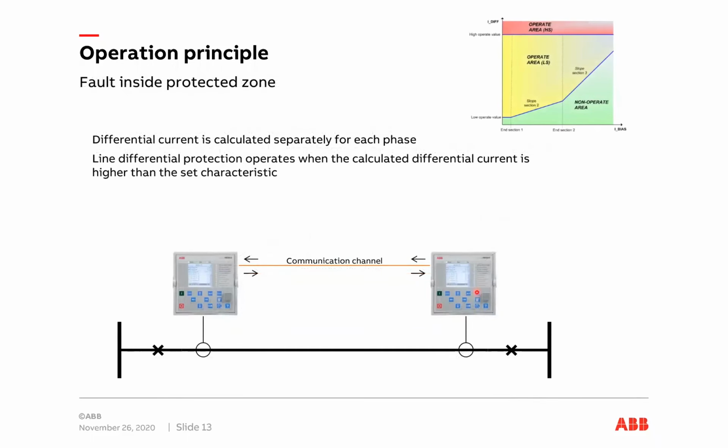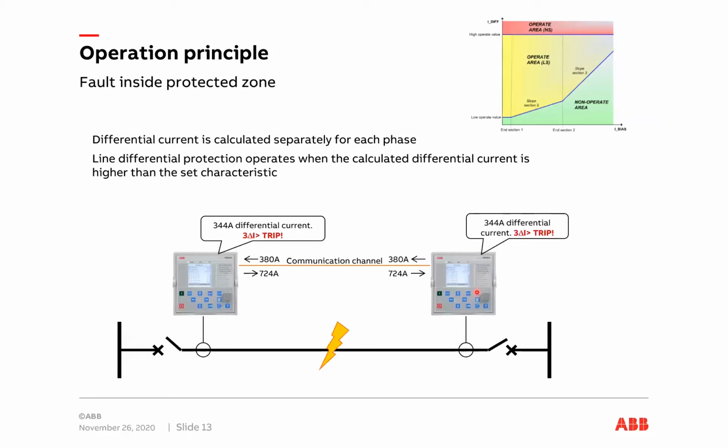But if we have a fault inside the protected zone, the measured current and the received current from the other relay will not be the same. So we will then have a differential current. This differential current is then compared to a stabilized characteristic that we are using.